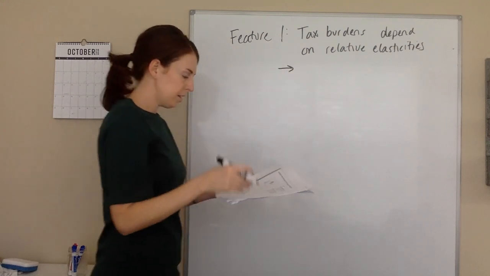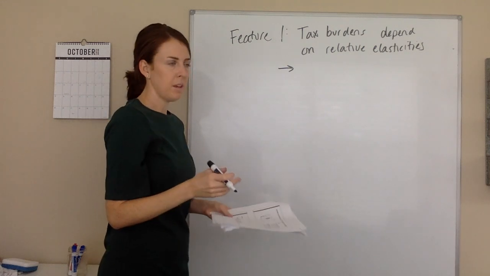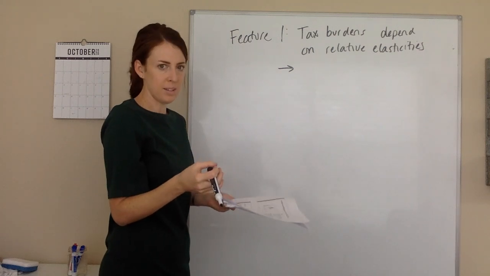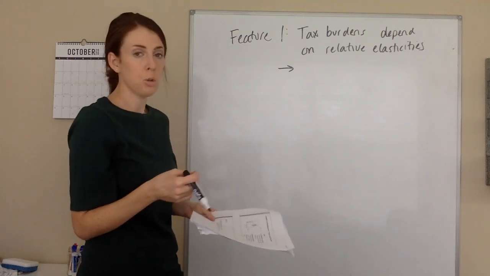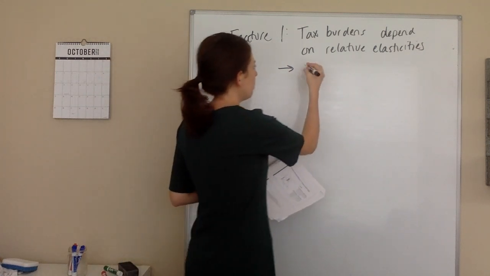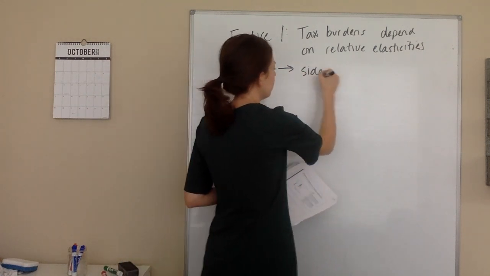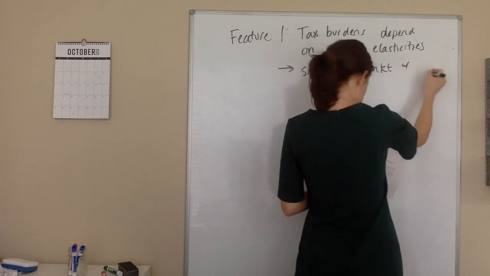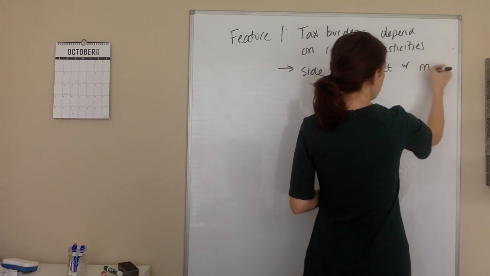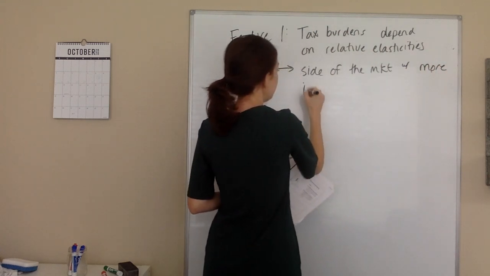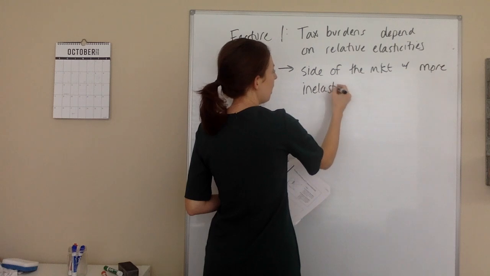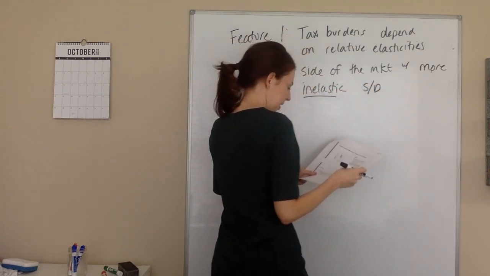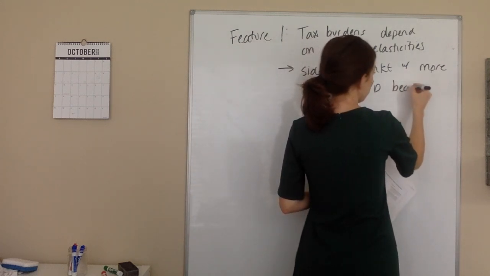So the side of the market that has a more inelastic response is going to be the side of the market that bears the majority of the tax burden. So the side of the market with the more inelastic, so again, they're not super responsive, supply or demand, whichever side of the market you're looking at, bears the majority of the tax burden.